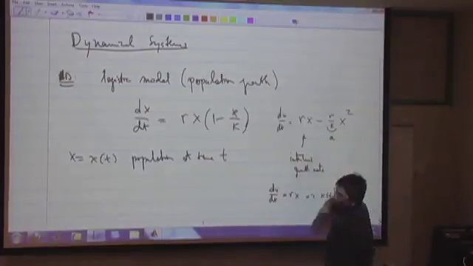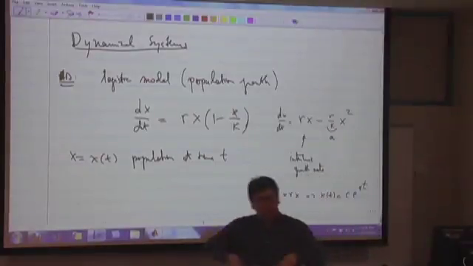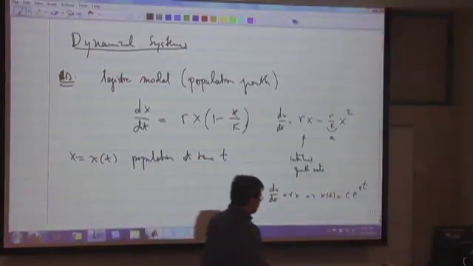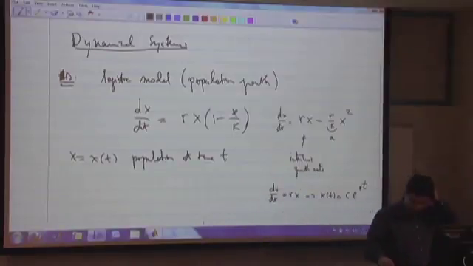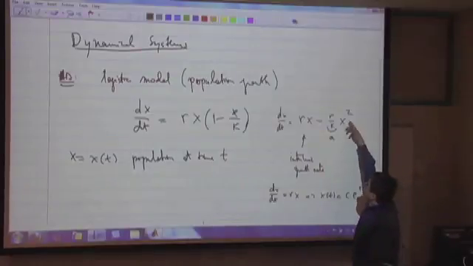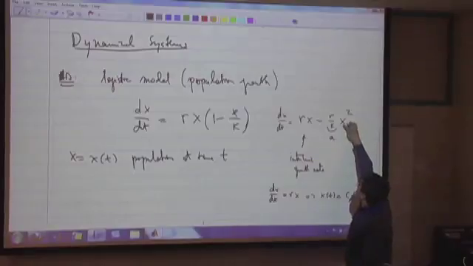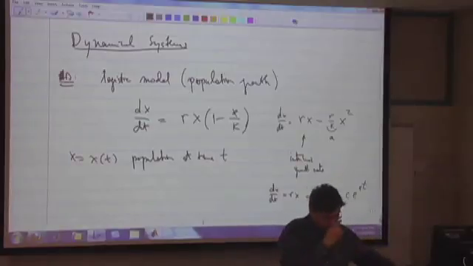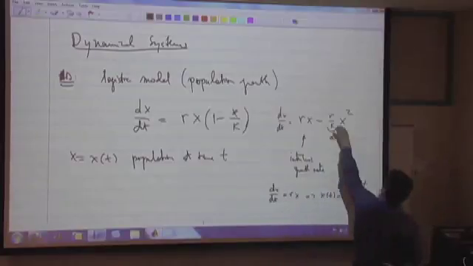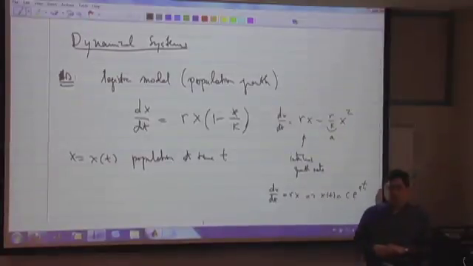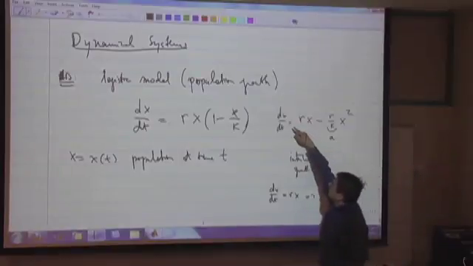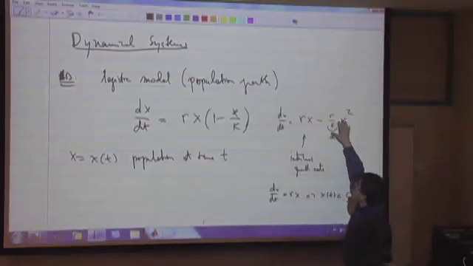But if you have other effects, for instance, a limited environment in which your population lives and thrives, and you take into account competition between individuals of the same species, then the simplest model is to introduce a quadratic term, that comes from the product of x with x, with a constant in front of it, meaning that the competition inhibits the growth.